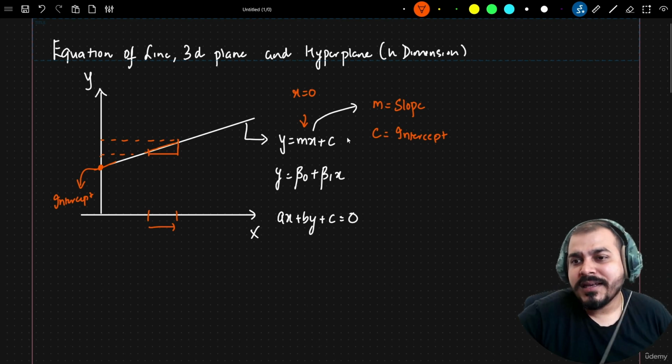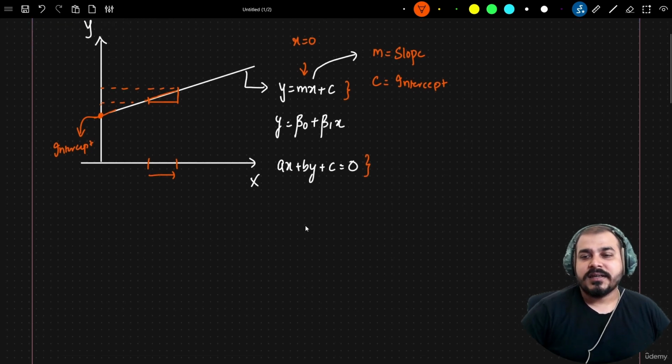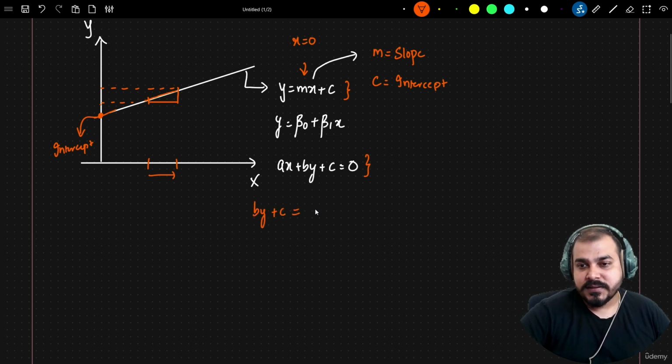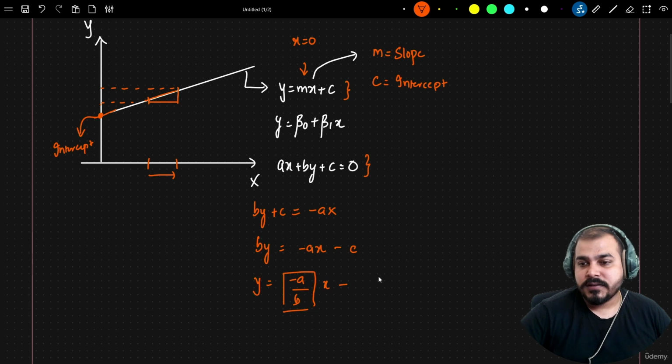Now you may be thinking, Krish, how are this and this particular equation one and the same? Let's consider over here, guys. Let's say this is my equation, and I can write by plus c is equal to minus ax, then by is equal to minus ax minus c, and finally y is equal to minus a by b, this is one component, multiplied by x, minus c by b.